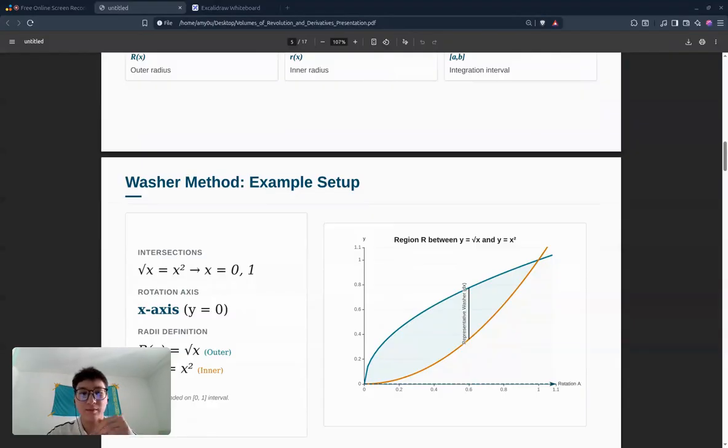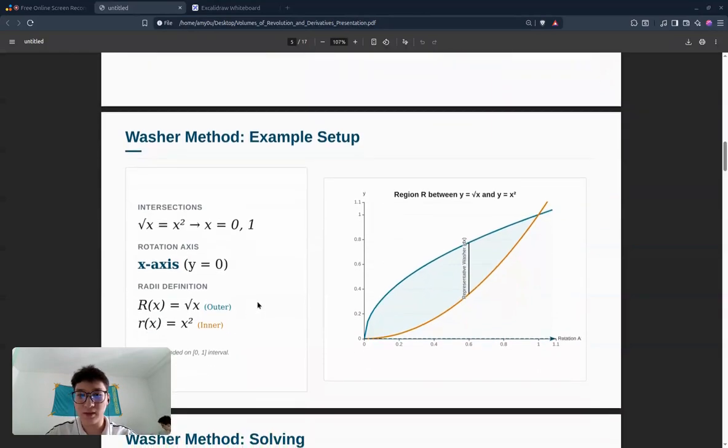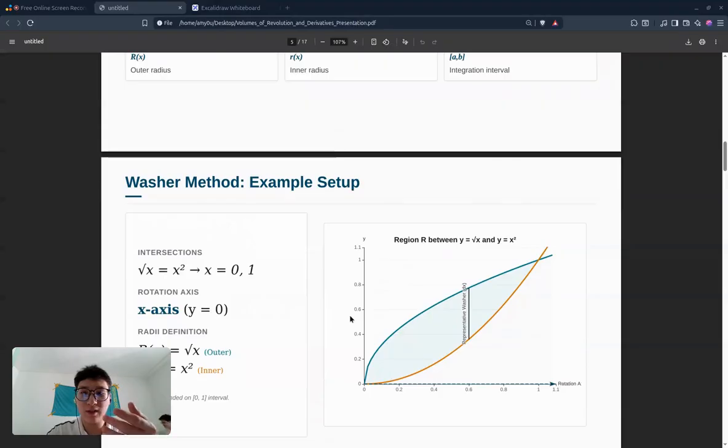using the washer method. On this diagram, you can see we have two curves: y equals square root of x and y equals x squared. The intersection occurs at the point (1, 1), and the axis of rotation is the x-axis.